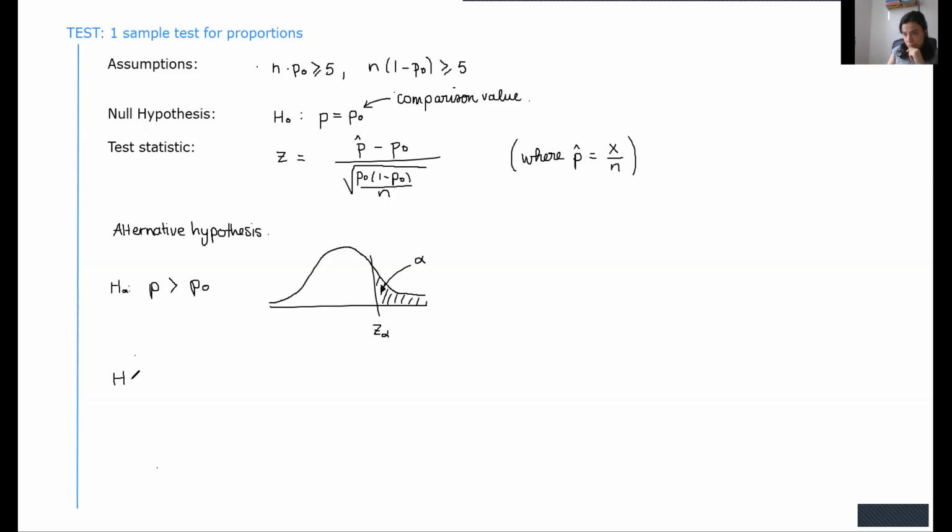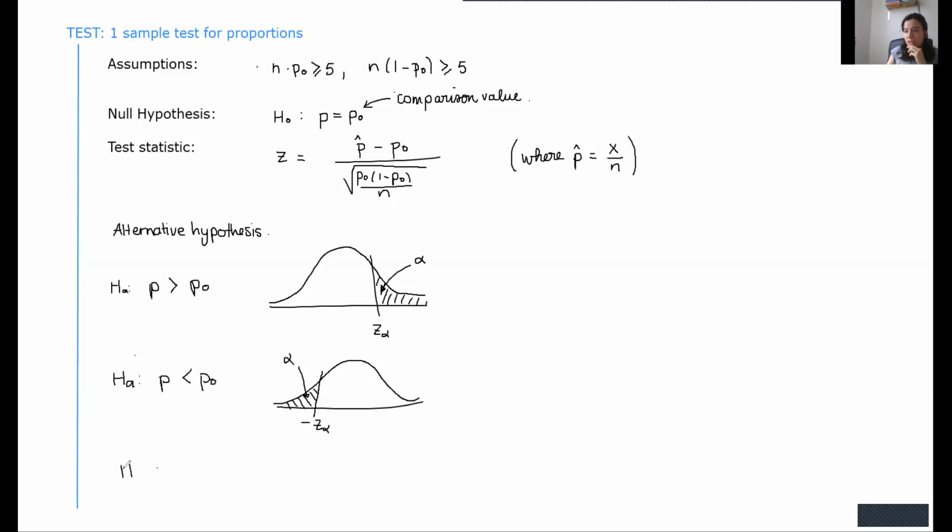Then, if the alternative hypothesis is that P is smaller than P naught, that means I'm going to have enough evidence if my result is small enough. It's on the extreme side, but on the small extreme side. That means I'm somewhere around here, where again this is alpha, and so this is going to be minus Z alpha.